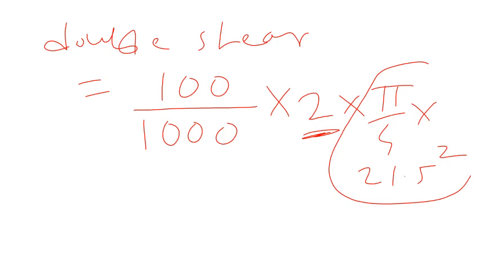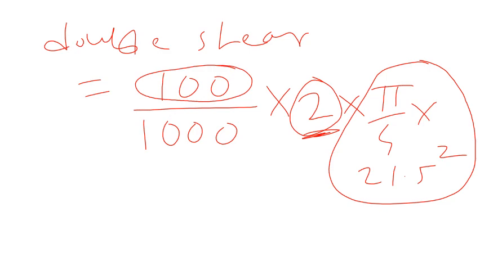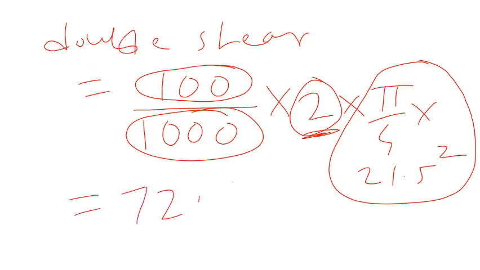So this is the area in single shear, 2 being double shear, and this is the safe shearing stress for the rivets. So in double shear, rivet value will be 72.6, the safe force transferred by the single rivet.